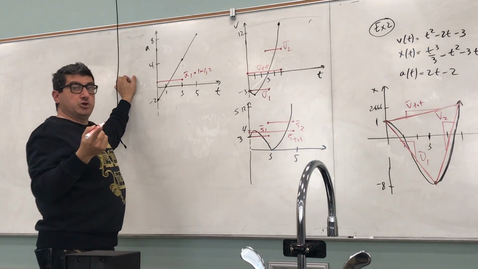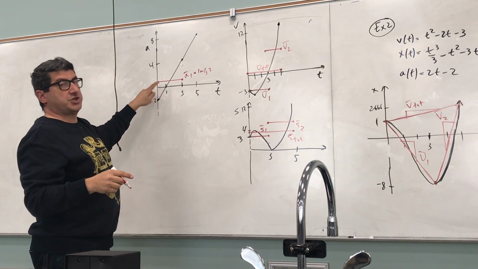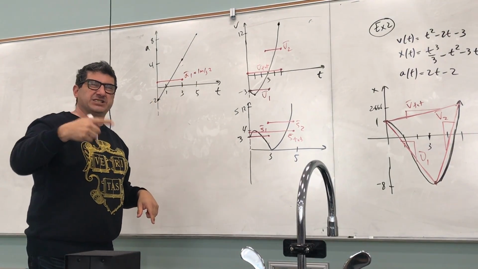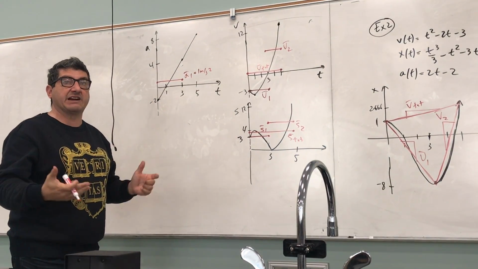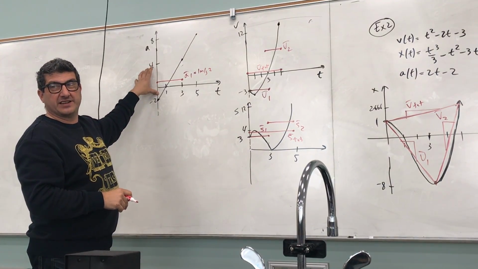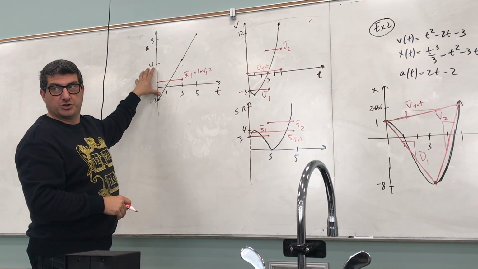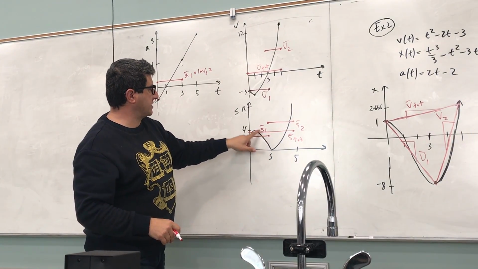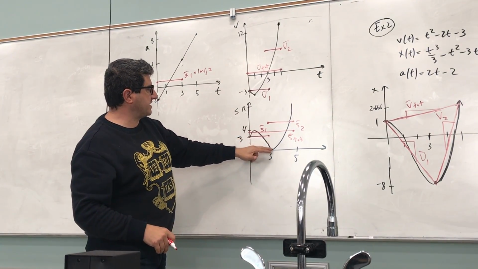That one is kind of easy to check because the acceleration is a linearly increasing function. When something is a linearly increasing function, what is its average value? It's the midpoint of the two ends, right? It's the literal midpoint. You can't say that about this kind of function because it's not a linear function.